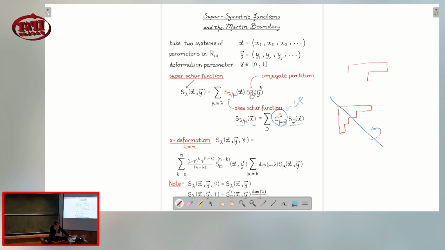We can think of this, if you like, in terms of the Schur function as a generating function of semi-standard tableaux. What you're doing is allowing the diagram to be filled with two sets of indices, regular integers and some complementary set of integers.